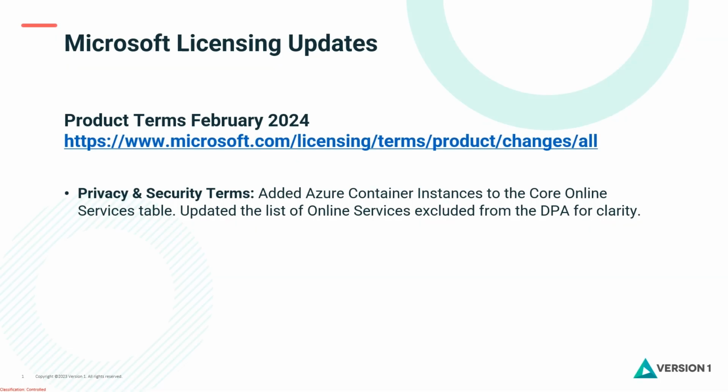On the privacy and security terms, essentially, it's great to see that Azure is continuing to evolve and enhance its services. The addition of Azure Container Instances to the core online services table is a significant step, and the clarification regarding the online services excluded from the DPA is useful for users.